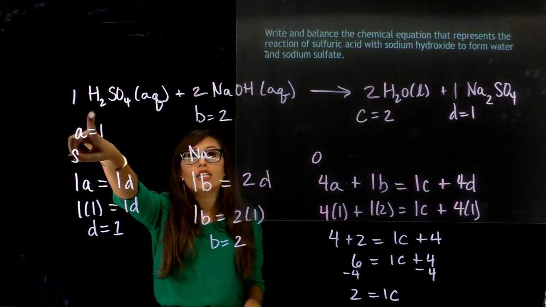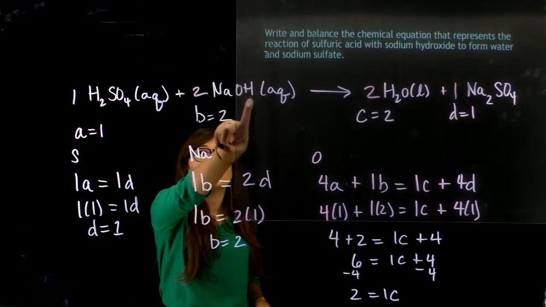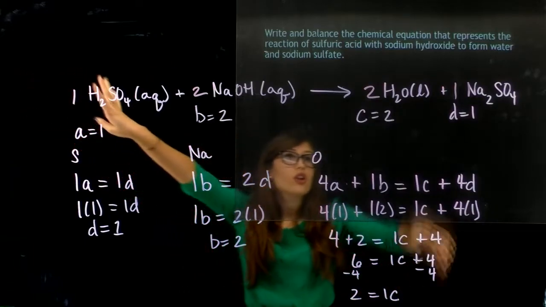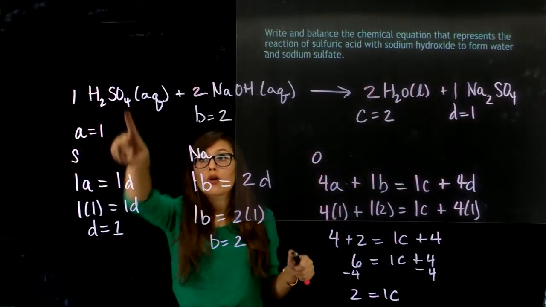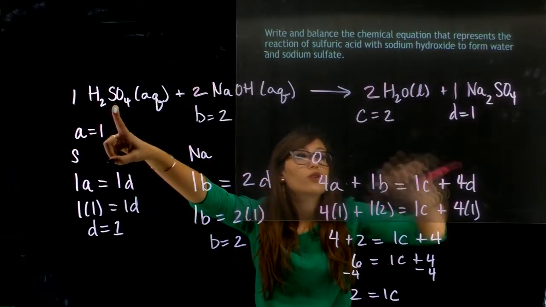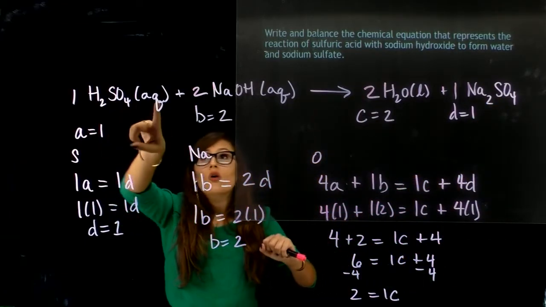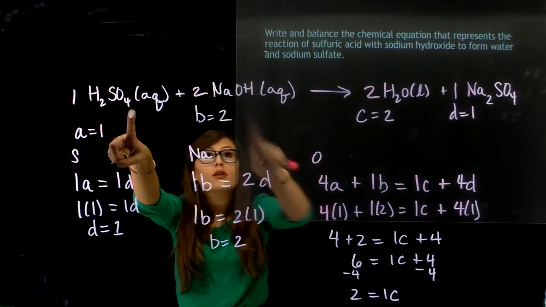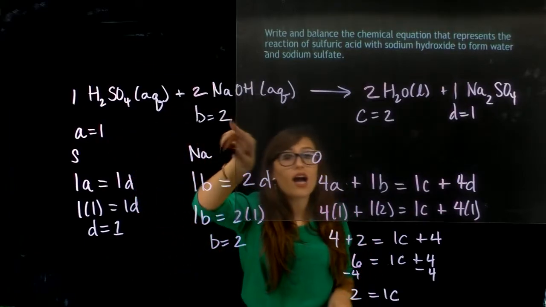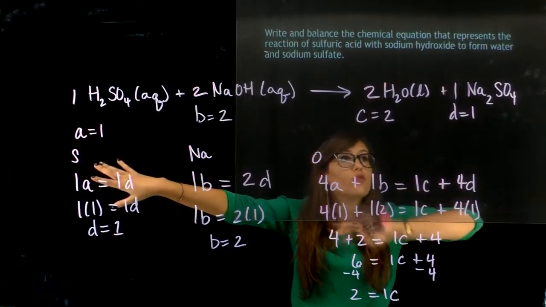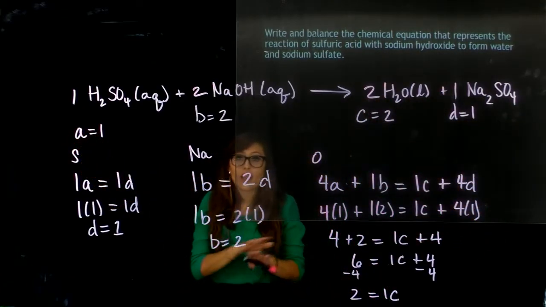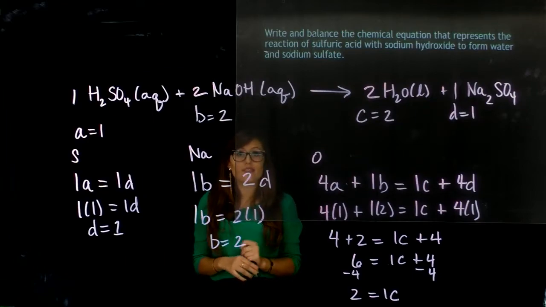So we have 2 hydrogens plus 2 hydrogens, so that's 4 hydrogens on the left. 2 times 2 is 4 hydrogens on the right, so hydrogen's good. We have 1 sulfur on the left, 1 sulfur on the right, sulfur's good. We have 4 oxygens plus 2, so we have 6 oxygens on the left. We have 2 oxygens plus 4, 6 oxygens on the right, and my equation is balanced.